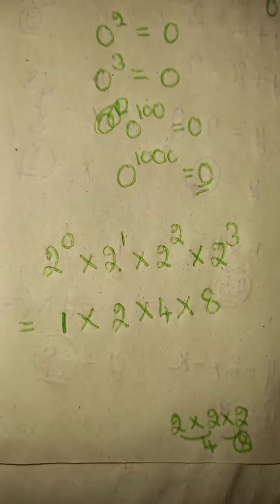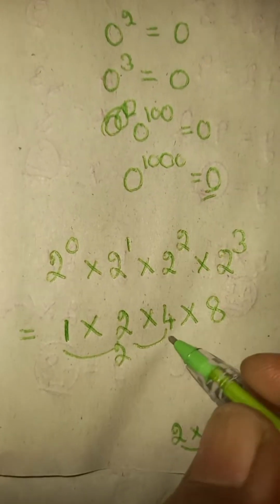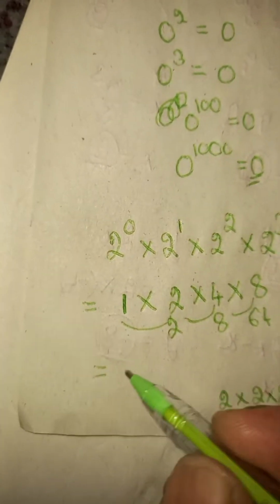So this becomes 8. 1 times 2 is 2, 2 times 4 is 8, and 8 times 8 is 64. So this is completely equal to 64.